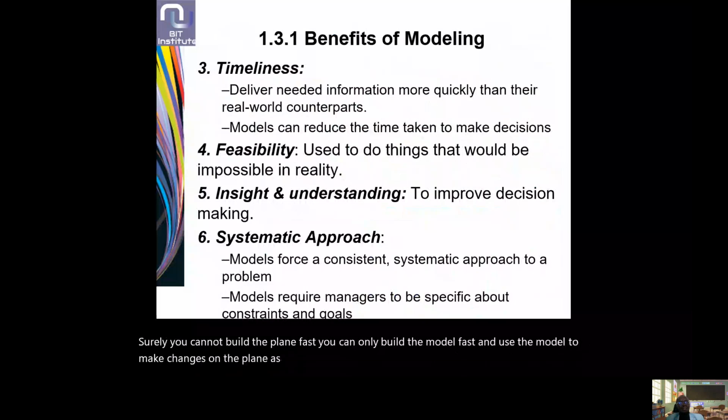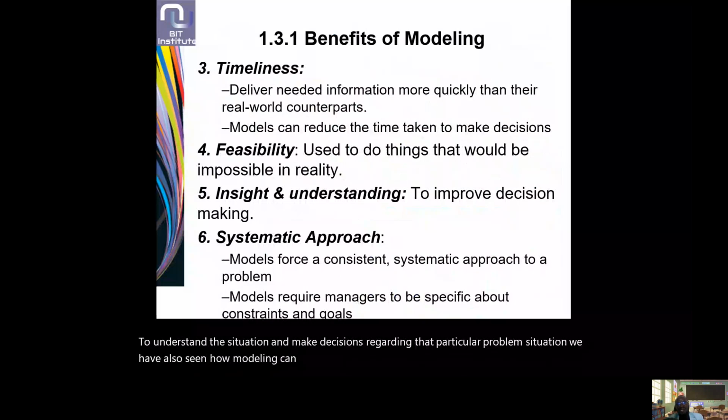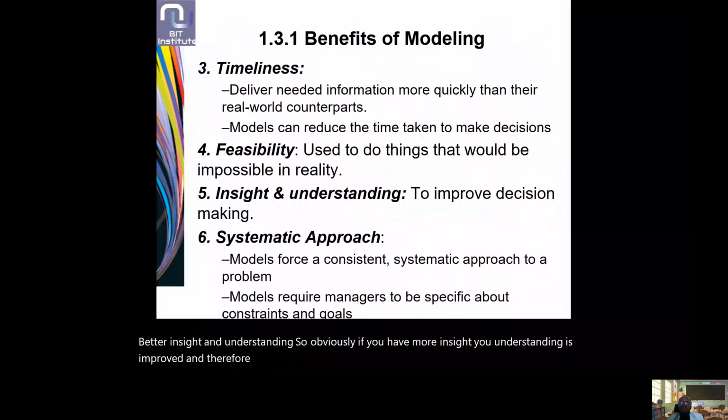So modeling can be the only feasible way in some scenarios to understand the situation and make decisions regarding that particular problem situation. We have also seen how modeling can help in better insight and understanding. So obviously, if you have more insight, your understanding is improved, and therefore you're able to improve your decision making.